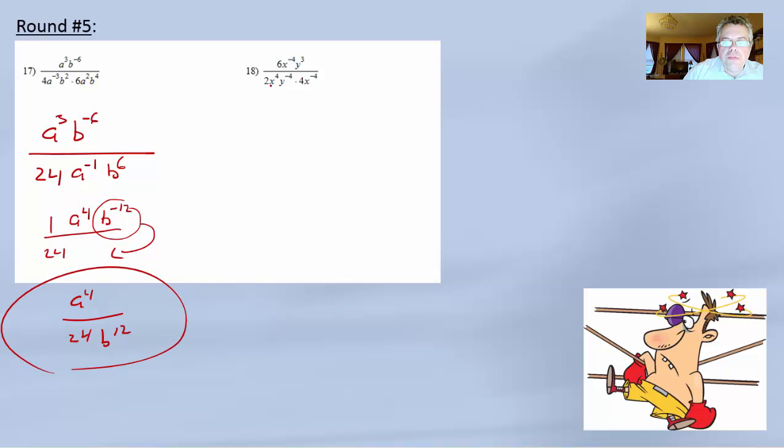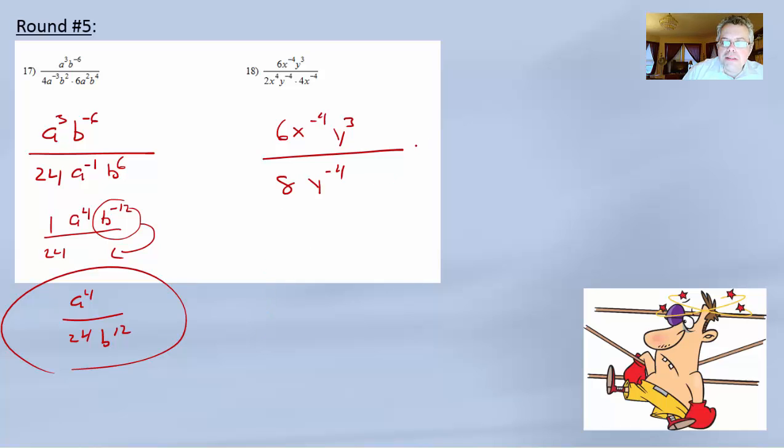Okay, last one. All right, so let's keep the top the same. And it looks like we got some simplification on the bottom. We have 2 times 4 is 8. x to the 4th times x to the minus 4th is x to the 0, which is 1, so we can forget about that. We just have y to the minus 4th.